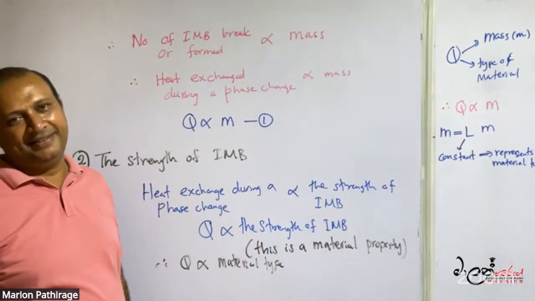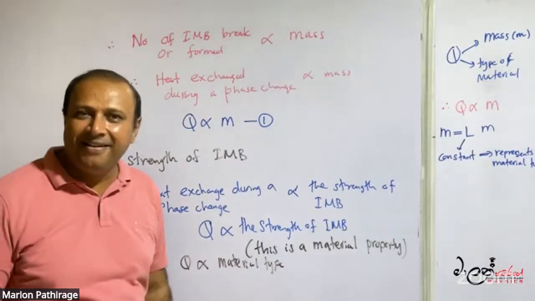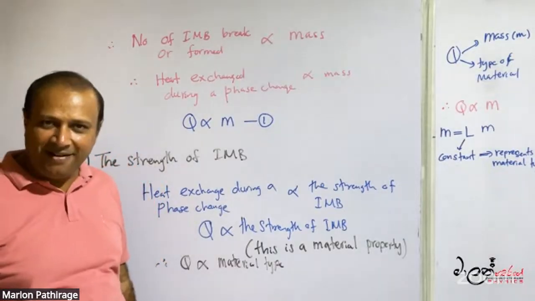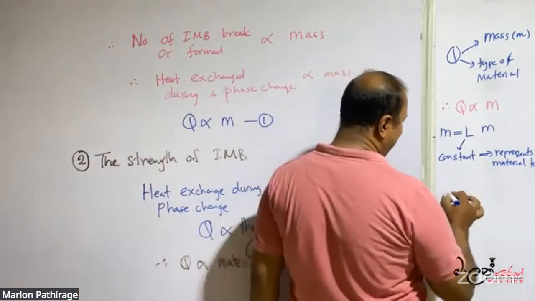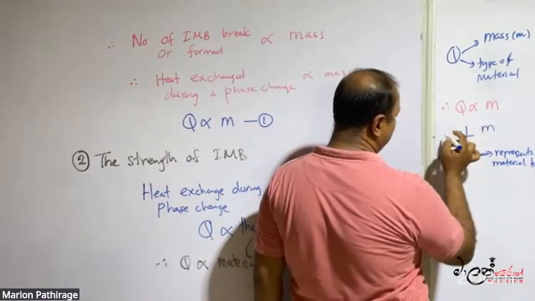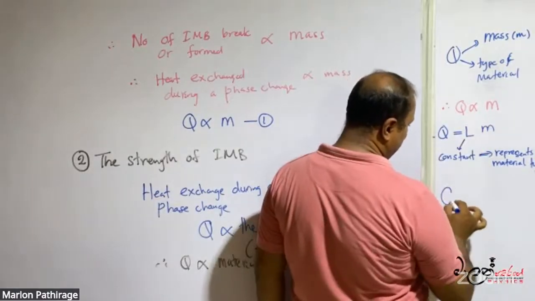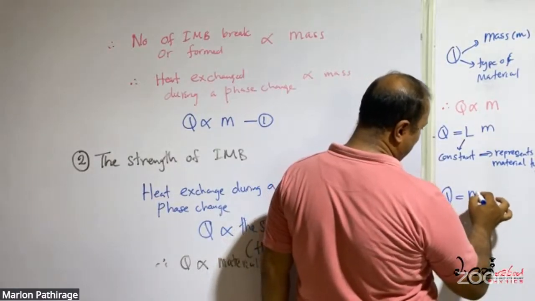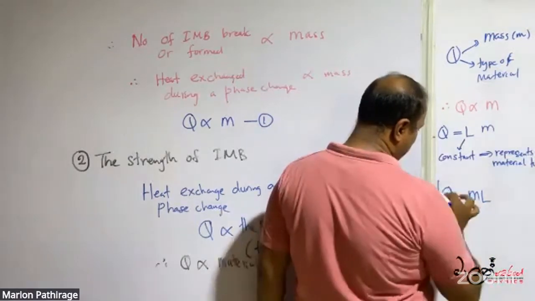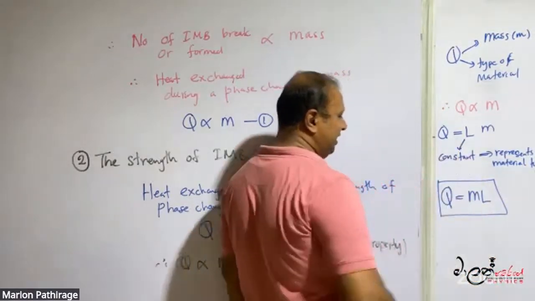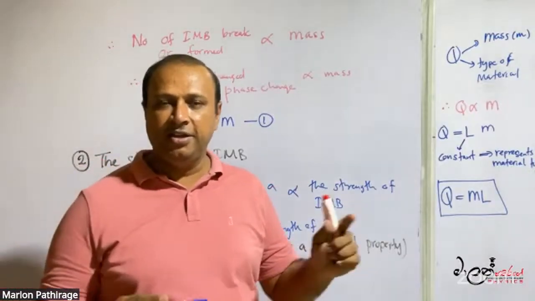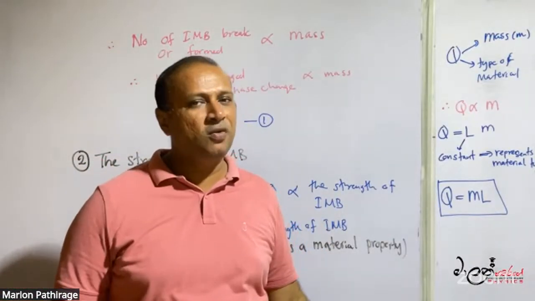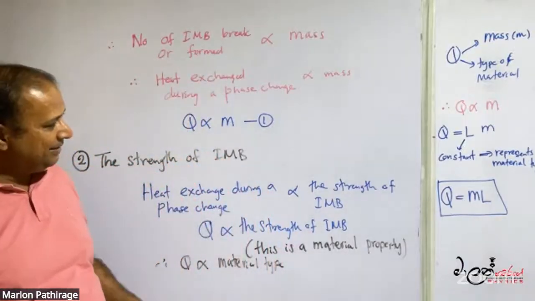Then I can write the equation Q equals m l. So this is the heat exchange during a phase change: Q equals m l.